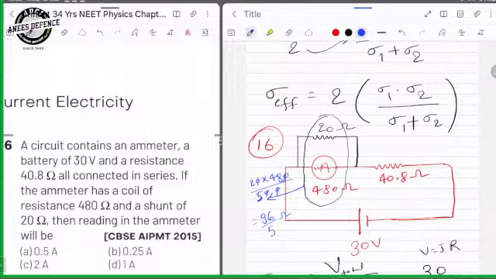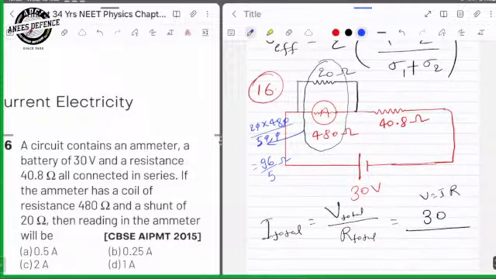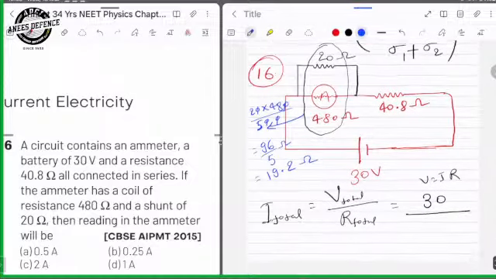Okay. 96 upon 5 ohm. So total resistance how much? 96 upon 5 how much? Just calculate. 19.2. So 19.2 plus what? 40.8.